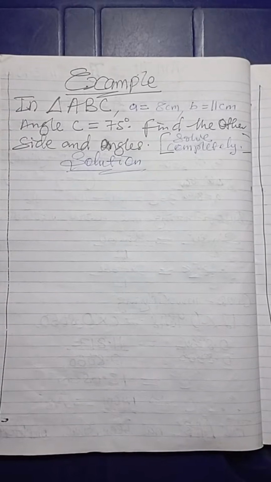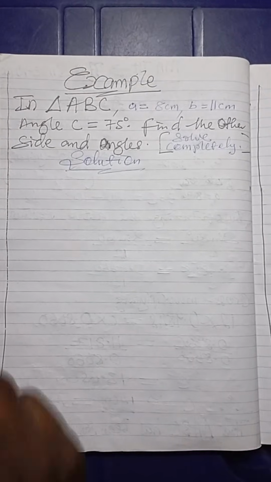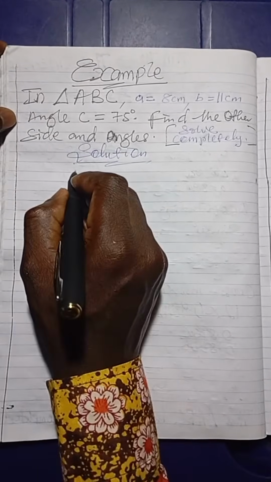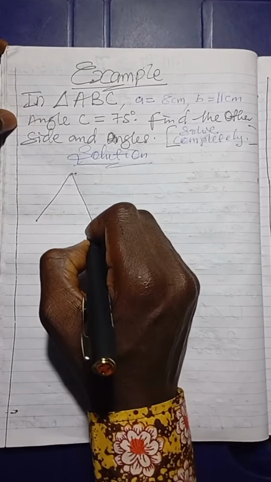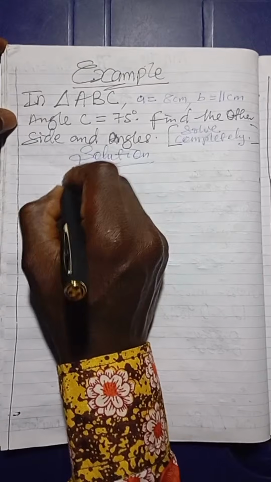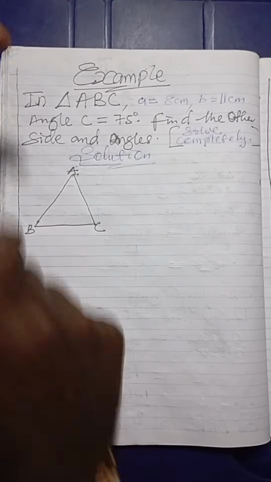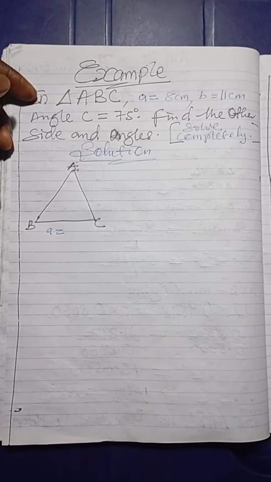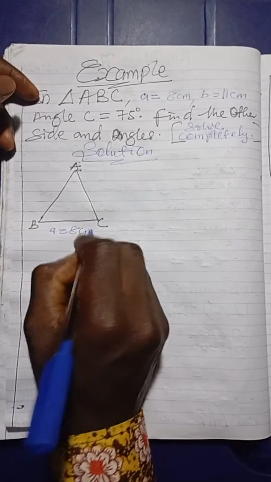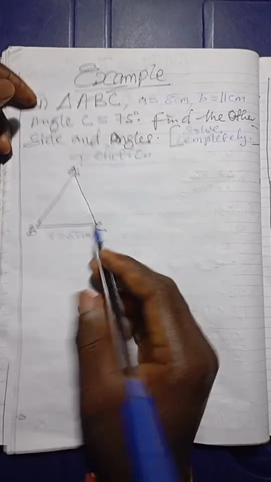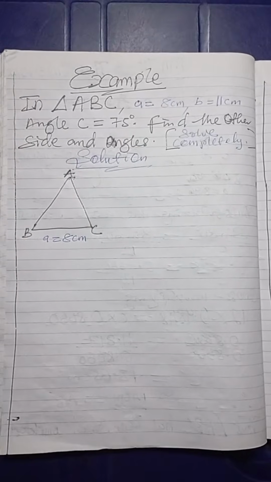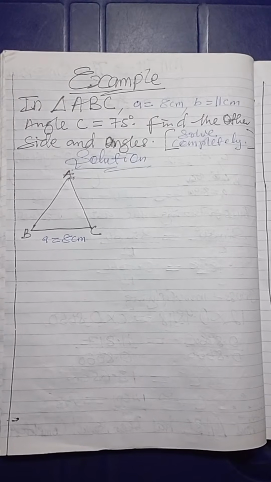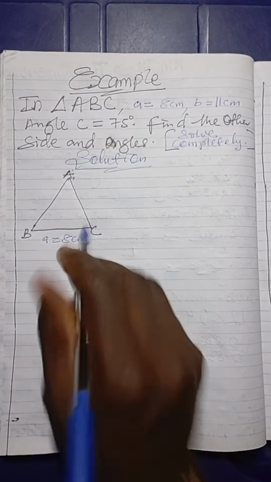First thing to do here is just draw your triangle. This will be our triangle. Let us use this to represent triangle A, B, and C, so that we can have our A here. Remember, your A can be anywhere. It can be here, it can be here, it can be here. So just be consistent in what you're doing. That is the main thing. All right.